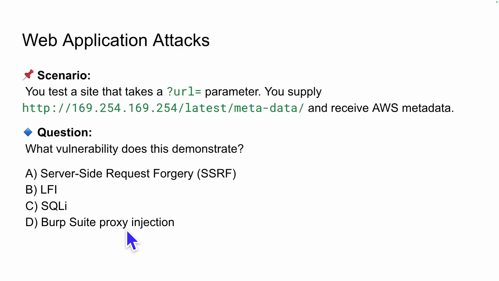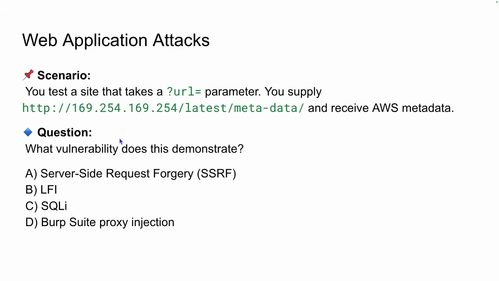But proxy injection is not the correct phrase. This is not a structured query language, so this is not SQL at all. So it could either be local file inclusion or server-side request forgery. Now, what we're doing is we're trying to send something to the server to process in the URL parameter right here.